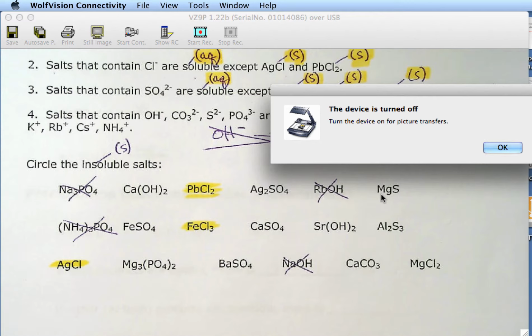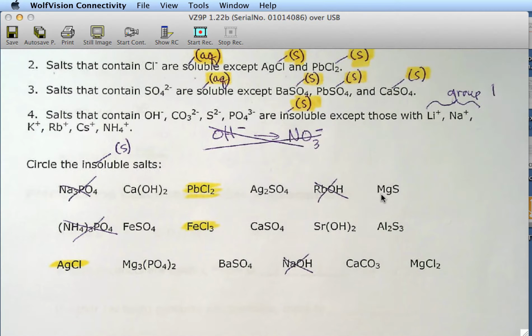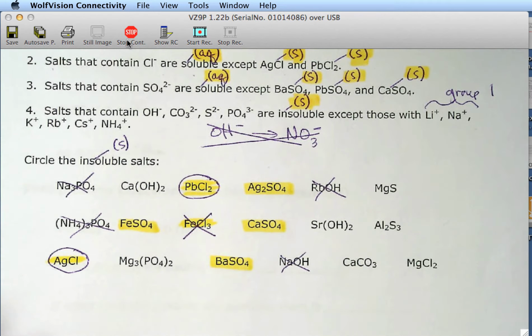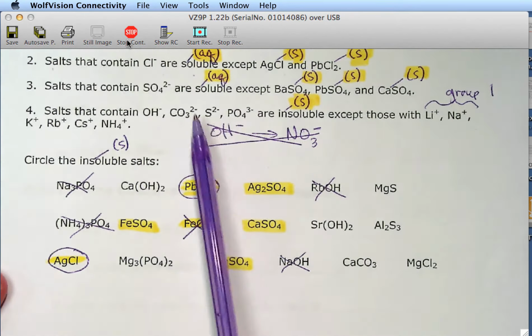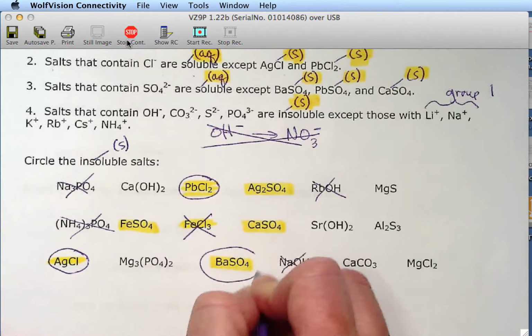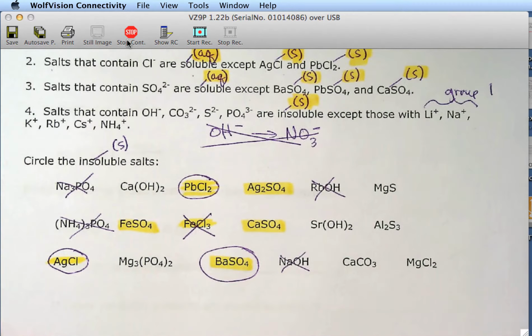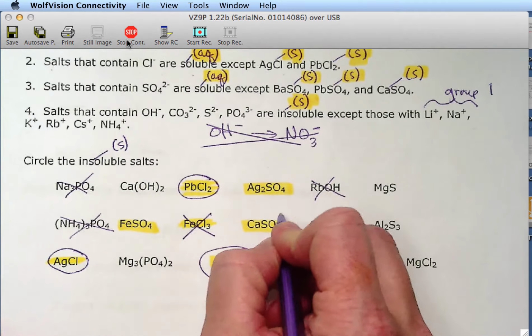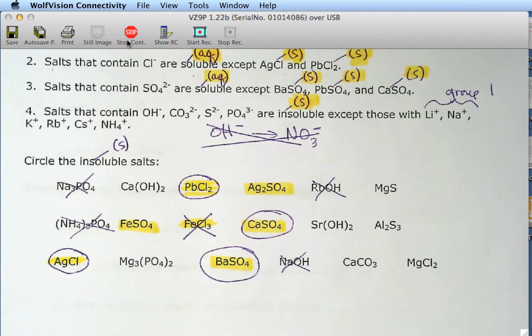All right, so you can go next to the sulfates. Salts that contain sulfate are soluble except barium sulfate, lead 2 sulfate, I don't see any lead 2 sulfate, and calcium sulfate.